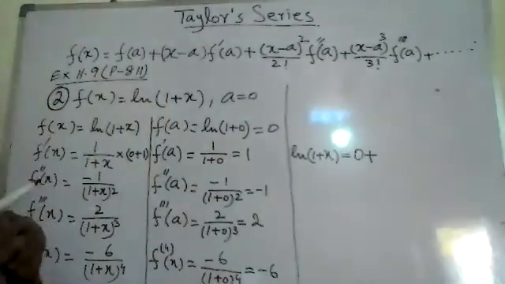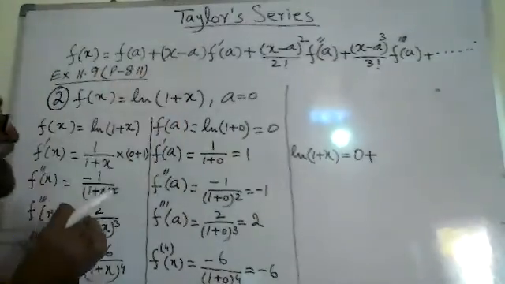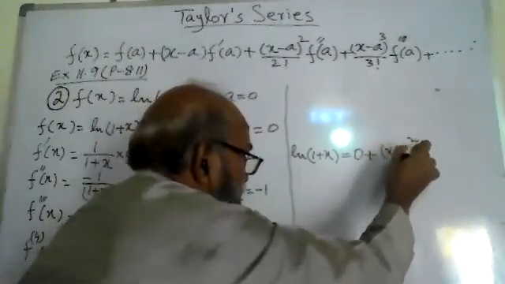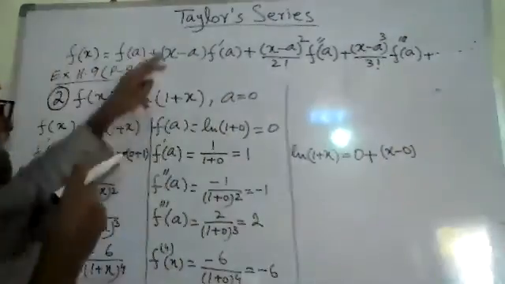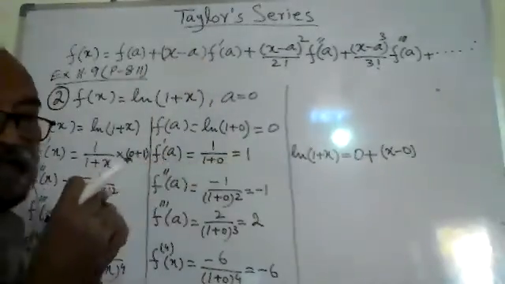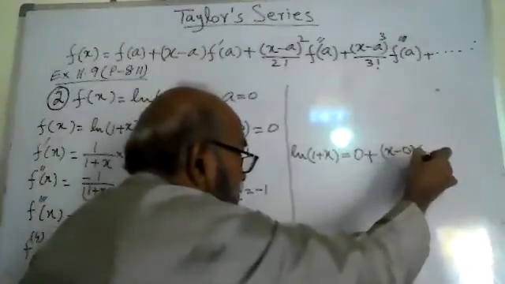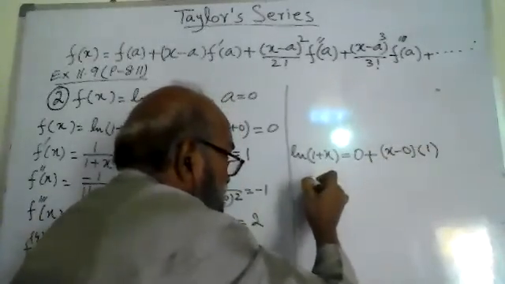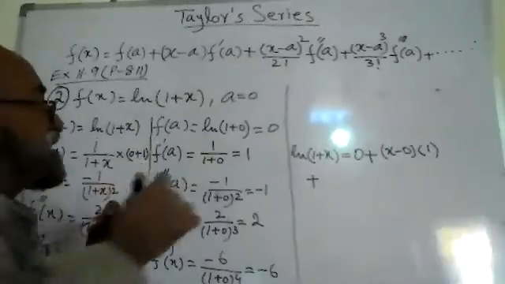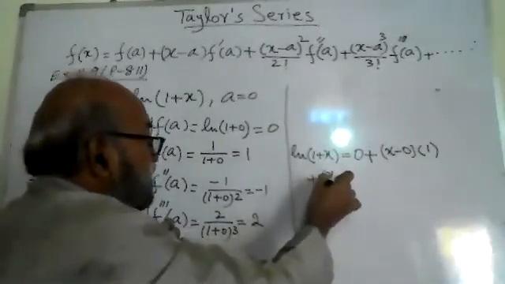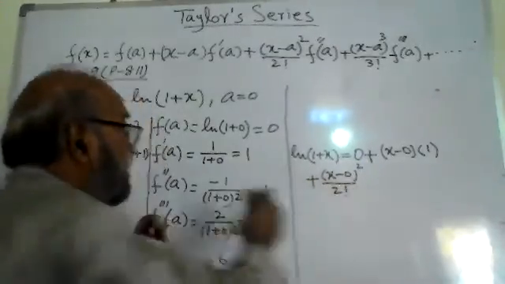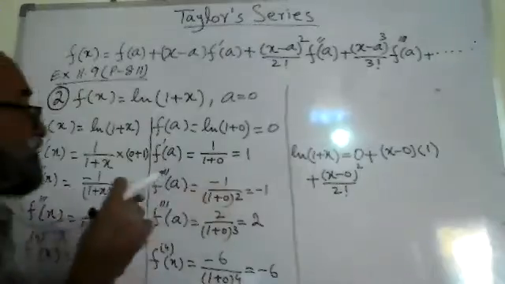Plus x minus a, x minus 0, sorry, only x minus a, x minus a into f dash a. f dash a is equal to 1. Plus x minus a whole square, x minus 0 whole square, upon 2 factorial into f double dash a is equal to minus 1.